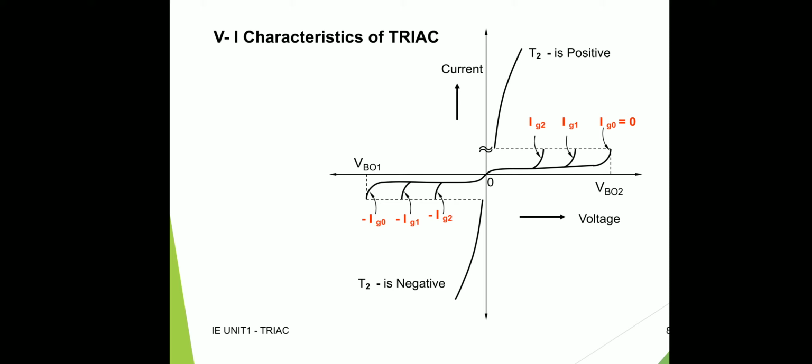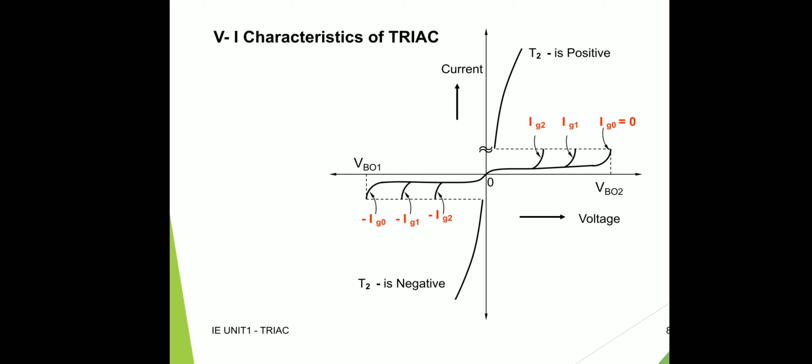P1 N1 and P2 N2 are in forward bias. The middle layer is reverse biased. After applying some more voltage, this middle junction breaks, and the current flows from T2 to T1 through P1 N1, P2 N2. Up to that point the device only carries the forward leakage current.